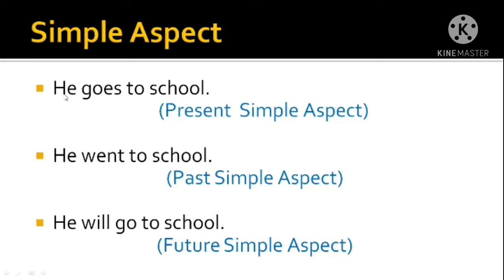Third person, singular number. Instead, you can use the personal pronouns like he, she, it, right? Or else you can go for a proper noun also, not an issue at all. A common noun also, not an issue at all. The boy goes to school. The girl goes to school. Students go to school. See, here I use some common nouns. So accordingly, the changes will take place in the form of the verb.